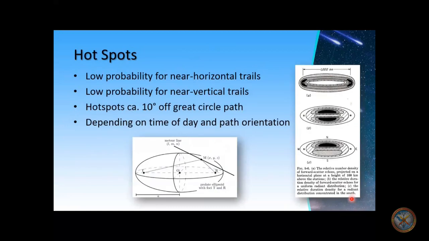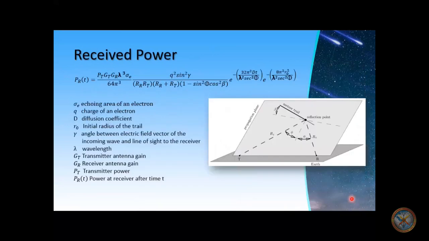Then there are hotspots. If I go back to this diagram here, you see in this example already, you're not beaming as the transmitter on the great circle path to the receiver, you're beaming a little bit off it.